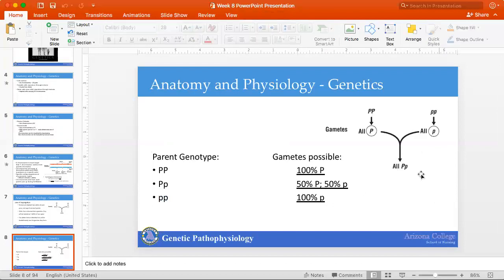And so you can see that since you're receiving one of these letters from, let's say this one is from your mother, so you get a capital dominant P, and you get a recessive lowercase p from your father, that forming together would give you this more mixed sort of hybrid in which the person would show that they have brown eyes, if this is what their genetic makeup was and their chromosomes, but they would also be a carrier for blue eyes. So they could potentially pass it on to their children.